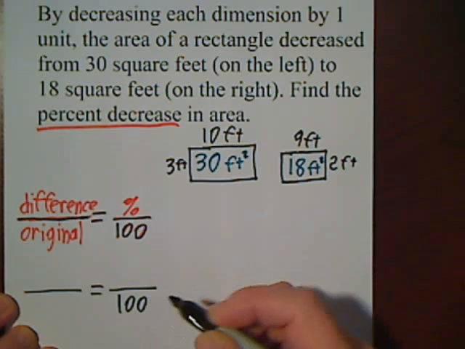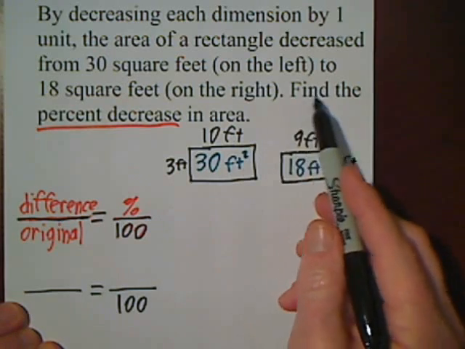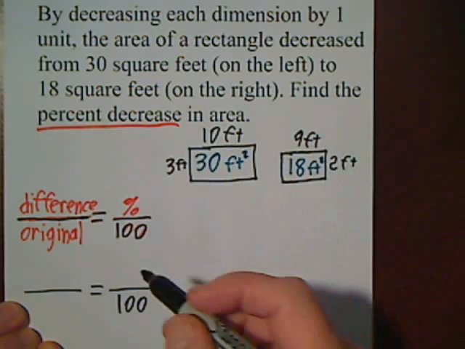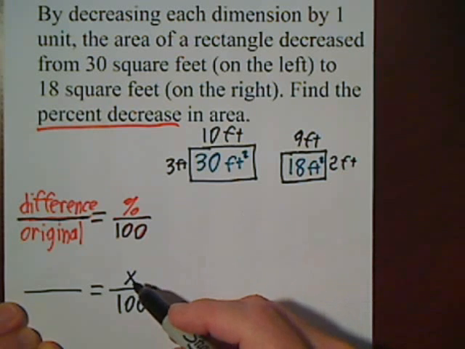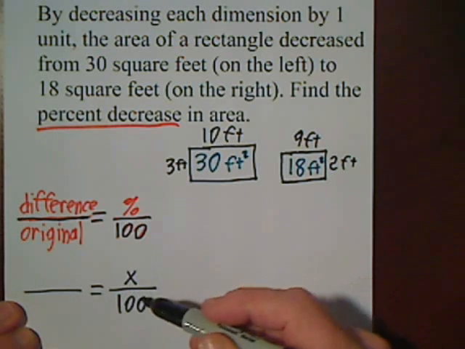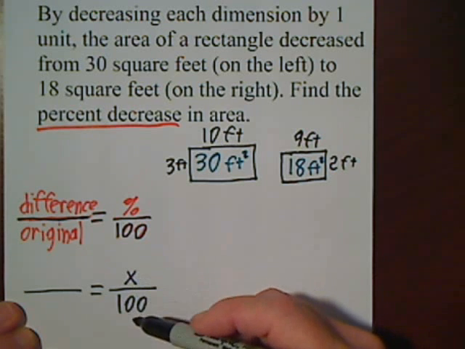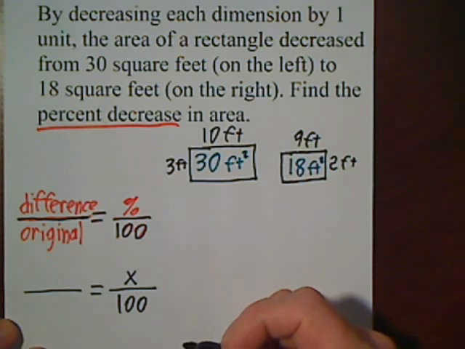And the 100 is already there. It's asking us to find the percent decrease, so that's just going to be our variable. And a number over 100, that should make sense because that's what percentage is. It's per 100. 30% is 30 over 100.